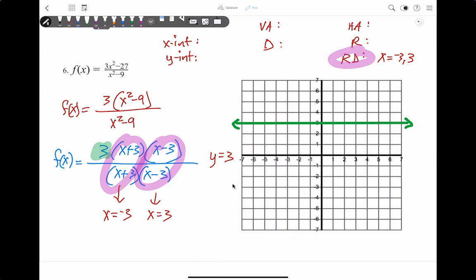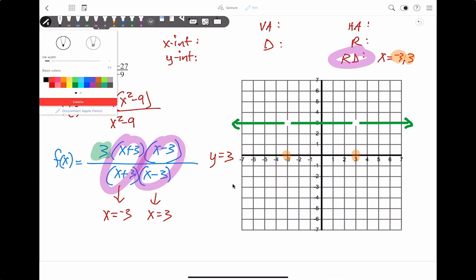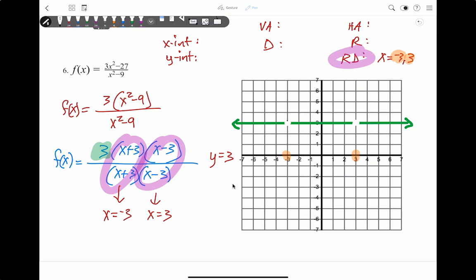However, we have holes at negative 3 and positive 3. So on this graph, at negative 3, where the graph would normally exist, I'm going to put a hole in the graph. And at positive 3, because my removable discontinuity said that's where I would have holes in the graph. Okay, so I'll put a hole in the graph there and a hole in the graph there.